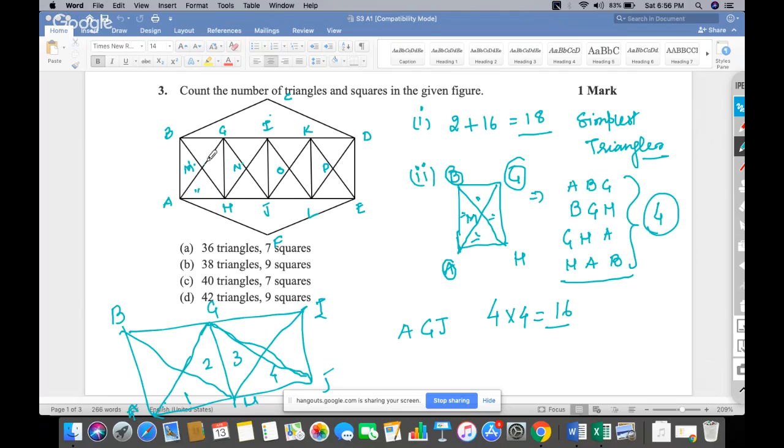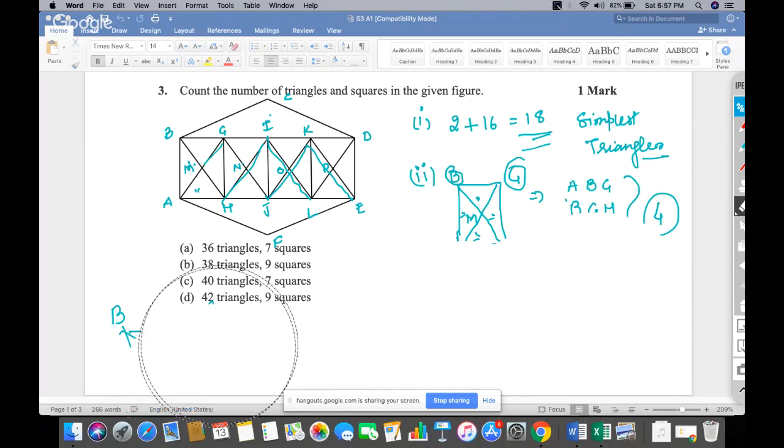So 1, 2, and 3 triangles upwards and 3 triangles downwards. So how much am I getting here? 6. So 18 plus 16 is 34. So 18 plus 16 plus 6 is equal to how much? It is 40. So I am getting 40 triangles over here.